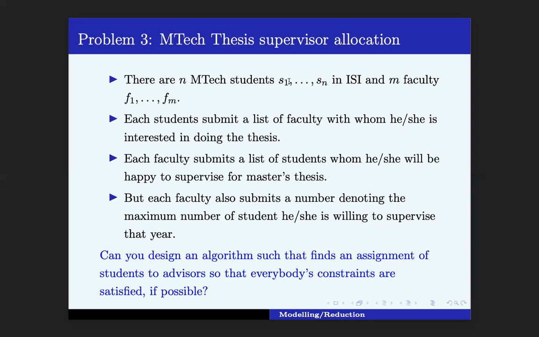Meaning, if an MTech student S1 is assigned to faculty FM, then S1 was interested in working with FM, FM was interested in working with S1, and the total number of students that FM finally gets assigned is at most the number of students that faculty was ready to take.